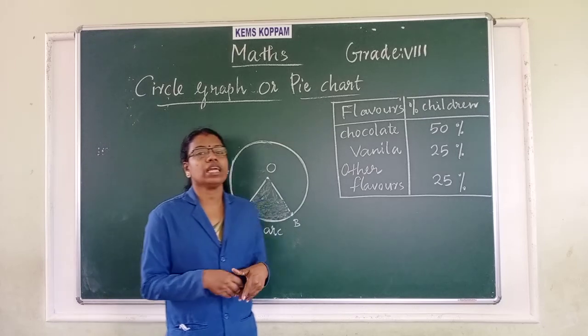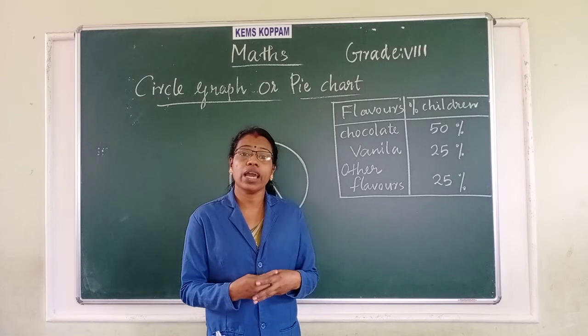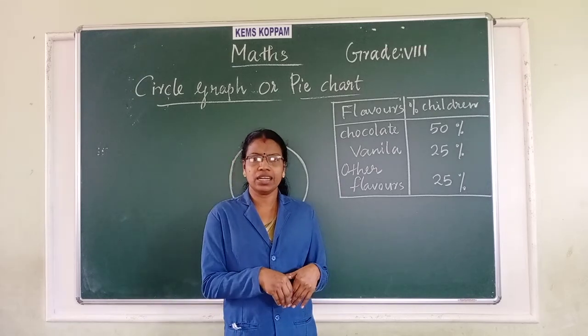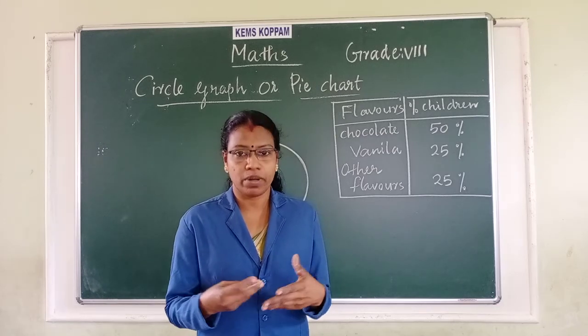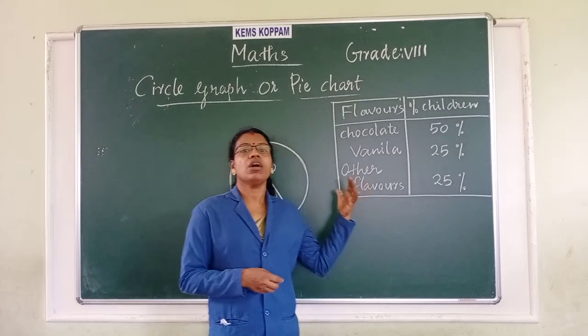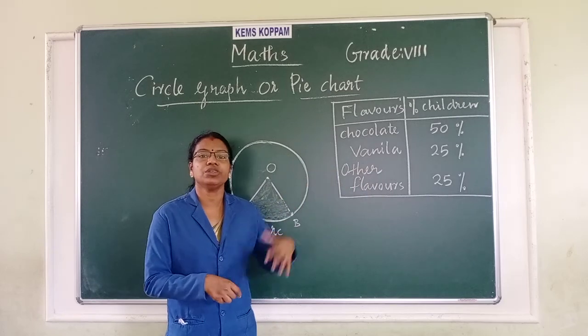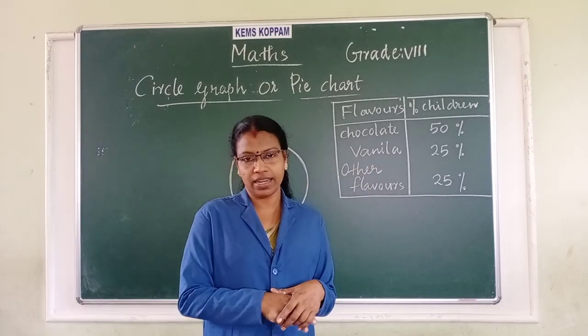For drawing a circle graph, first we need to draw a circle. How will you draw a circle? Yes, we use our compass to draw a circle with any convenient radius.